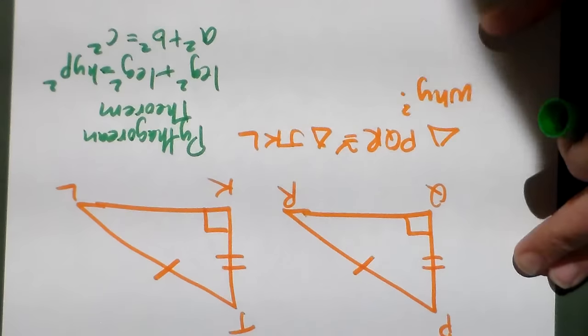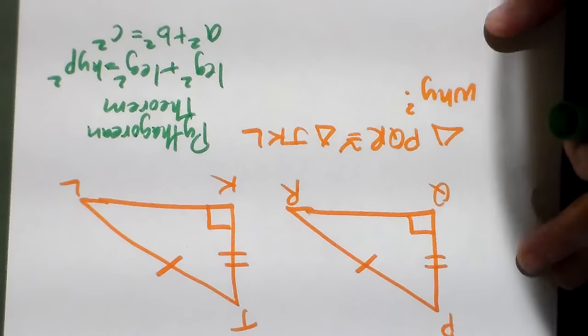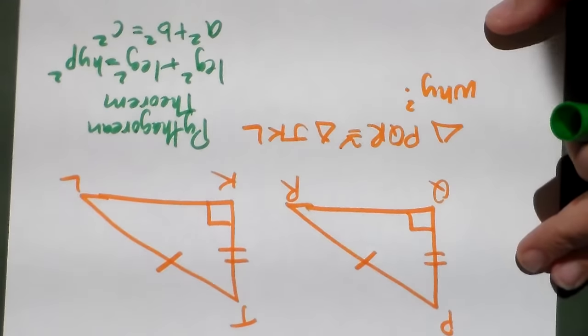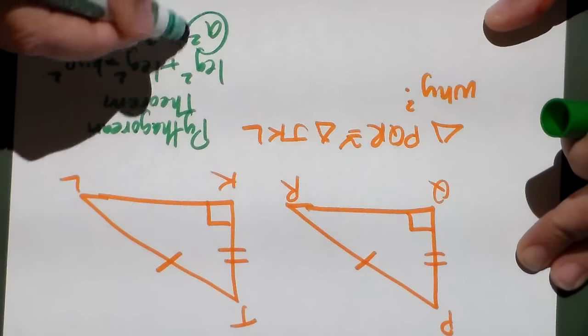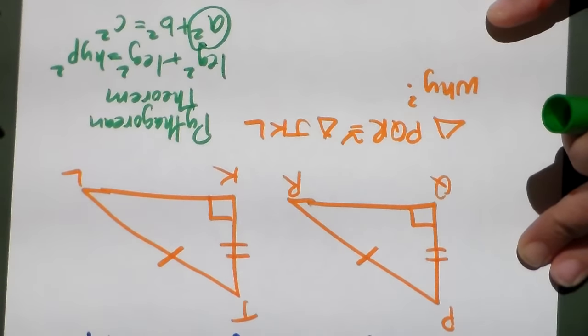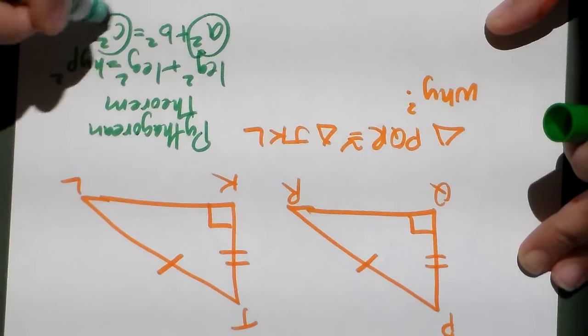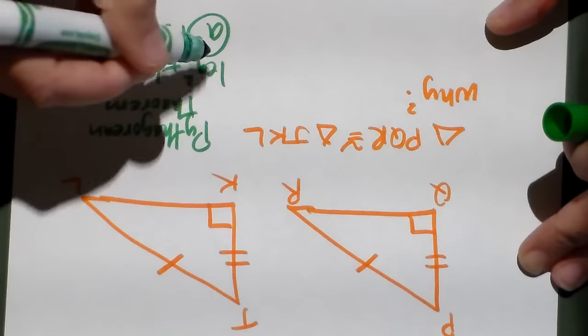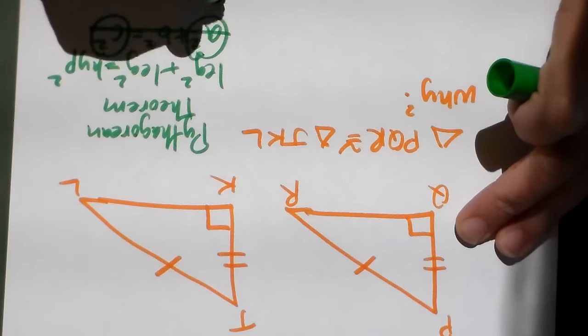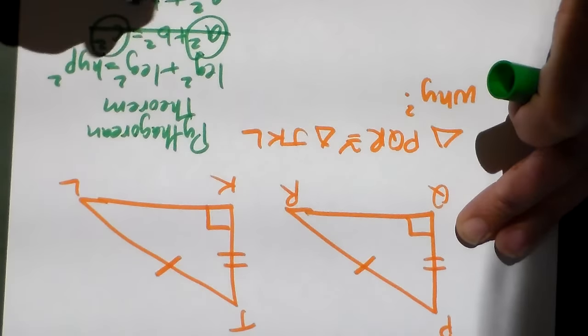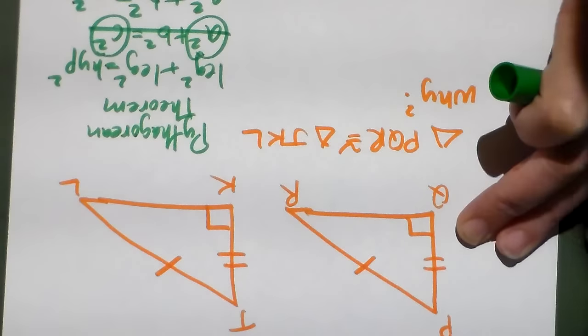We can recite that, but the question is, do we know what we're talking about? Well, think about two triangles. If two triangles have the same leg, and they also have the same hypotenuse, which shouldn't be the squared portion, I apologize. Let me write that correctly and circle the correct thing.